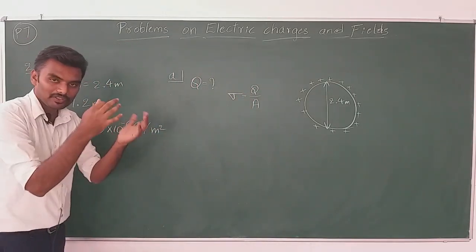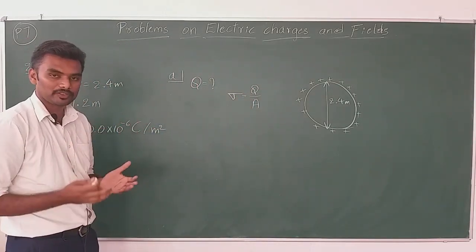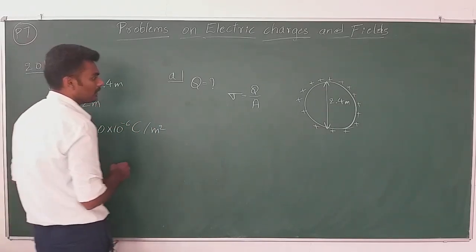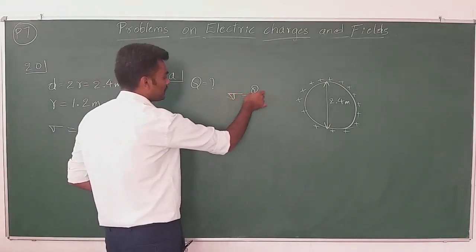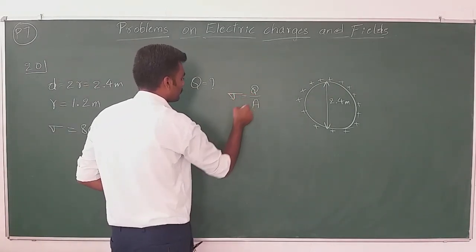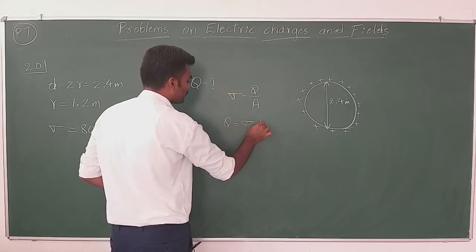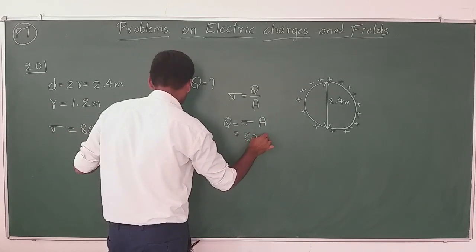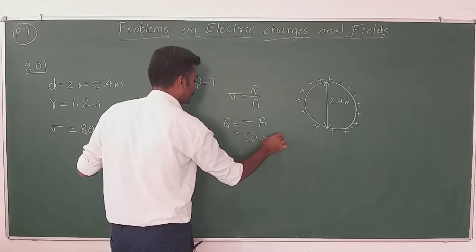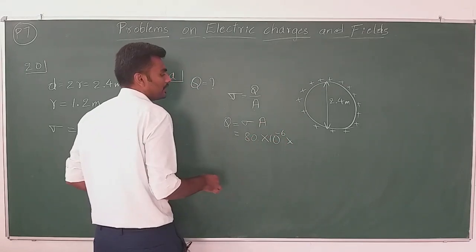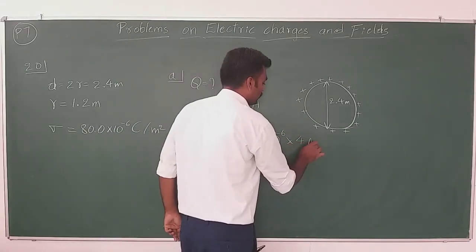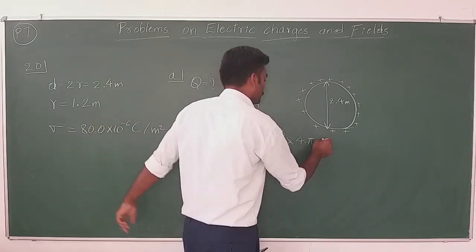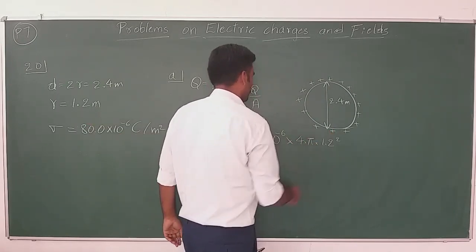Since the given shape is a sphere, the surface area of the sphere is equal to 4 pi r squared. So Q becomes equal to sigma A. Sigma is given, 80 into 10 to the power of minus 6, into the area, which is 4 pi r squared, where r is 1.2, squared.